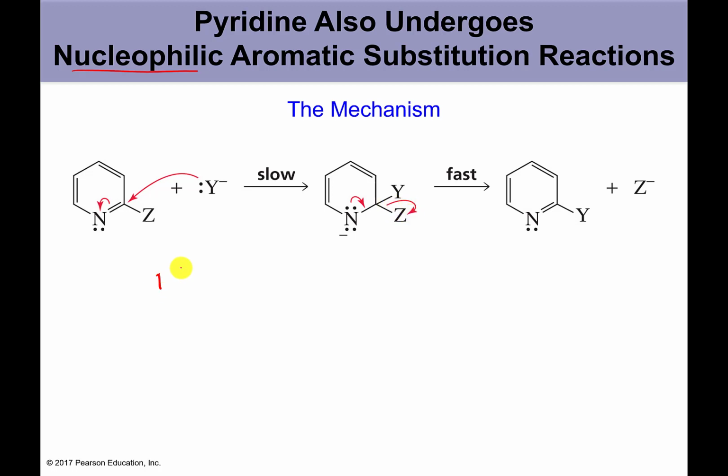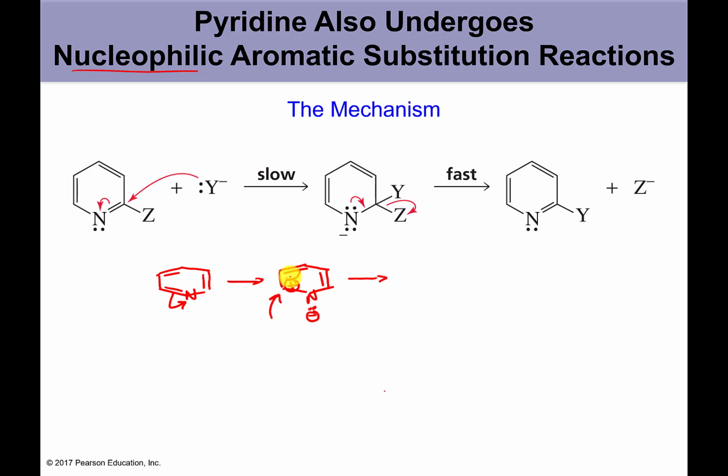It's helpful to look at the resonance structures for pyridine. One would be, for example, like this. And you'll see that there's positive charge at the 2 position.